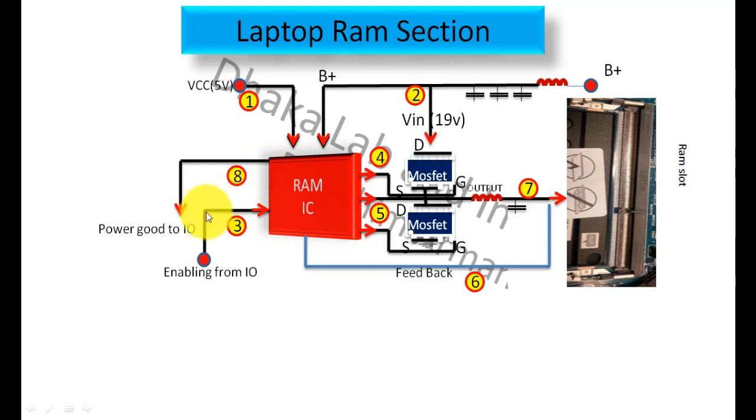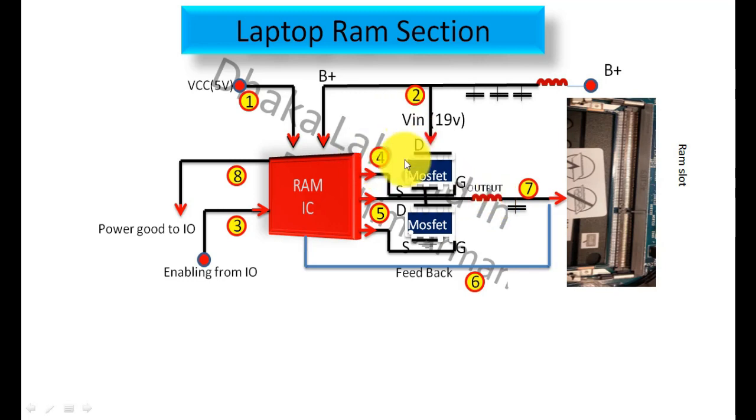The signal name will be power good, and that will go to IO, and IO will realize that everything is okay. Then IO will give the final result, and the RAM IC will give the output voltage, the RAM voltage.